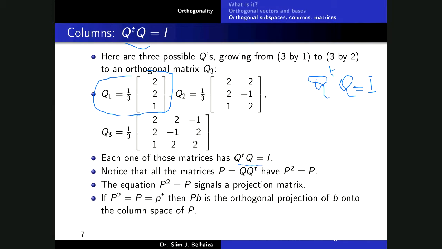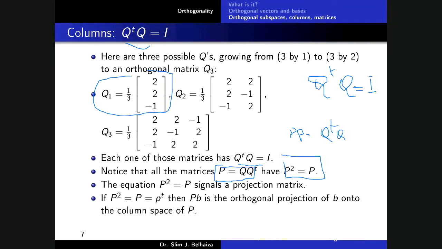And more than this, if you can focus with me just for a couple of minutes, guys, we can generate what we call a projection matrix, which is called P. What is particular to the projection matrix is that P is equal to Q Q transpose. It's a kind of matrix that satisfies the fact that P squared is P. Why is that? Because if you multiply P by P, it will give you Q times Q transpose Q times Q transpose.